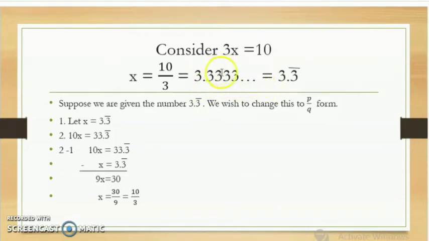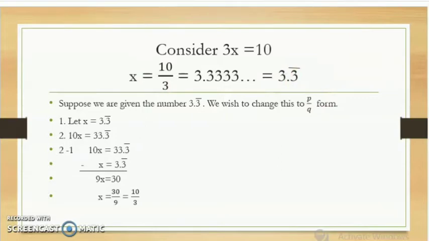So instead of writing 3.3333, we use the notation 3.3 with a line or a bar on top. Here this means only 3 is getting repeated.